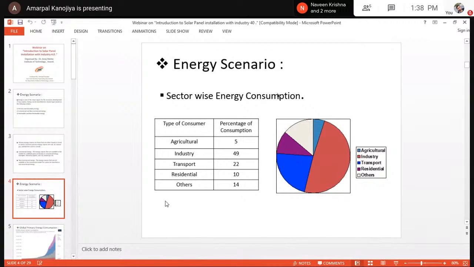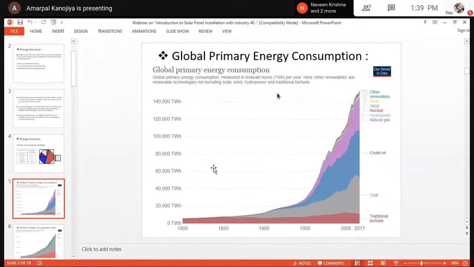So here is the sector-wise consumption of energy: agriculture, industry, transportation, residential, and other. Approximately 50% of our total energy is consumed in industry, and in transportation it is 22%. Agriculture uses only 5% of the total consumption. Now, this is the global utilization of energy.